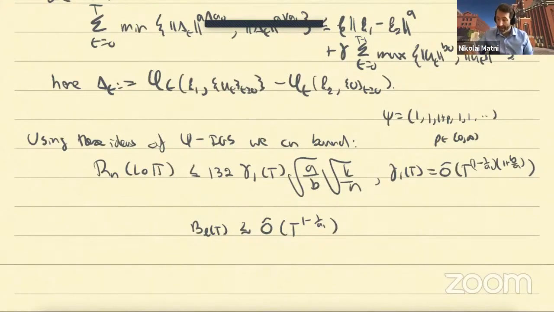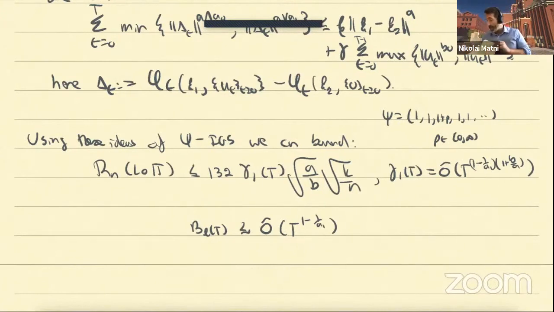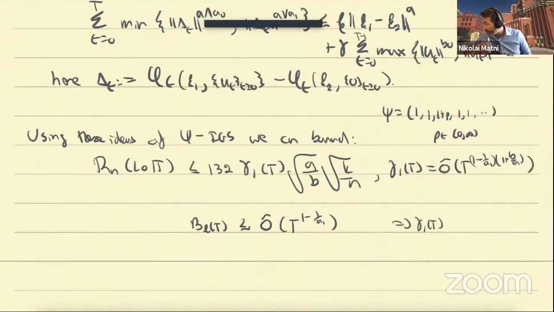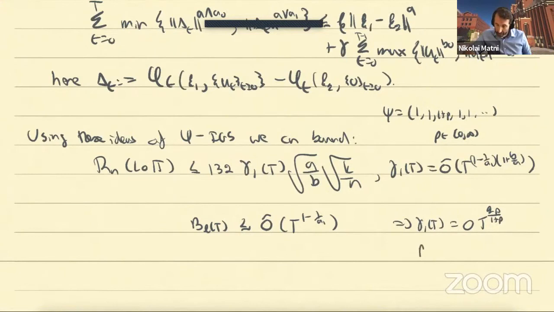This is manifest exactly in this bound here in a very transparent way, in the sense that this would lead to a gamma 1 of t that scales as order t to the 2p over 1 plus p, and BL of t would scale as order t to the, I think it's just p over 1 plus p.